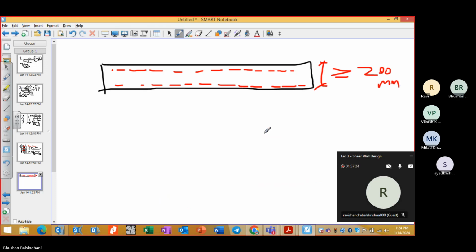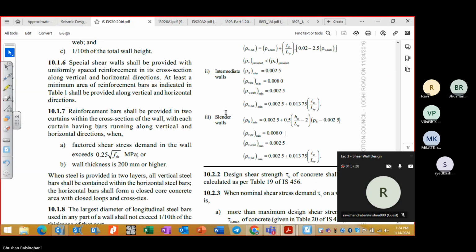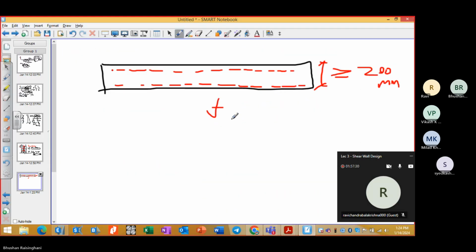Okay. And if the factored shear stress is, let's say, more than 0.25 root of fck, then you have to provide the reinforcement in a double layer. That is what has been mentioned.